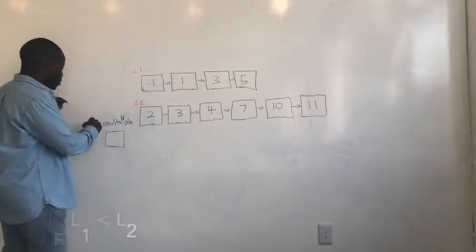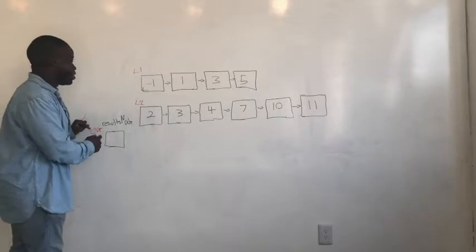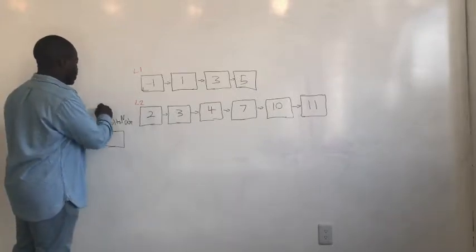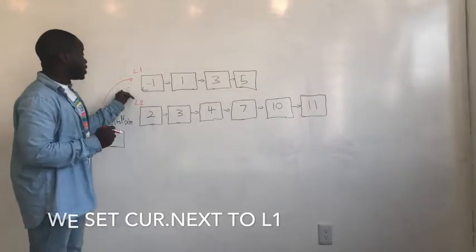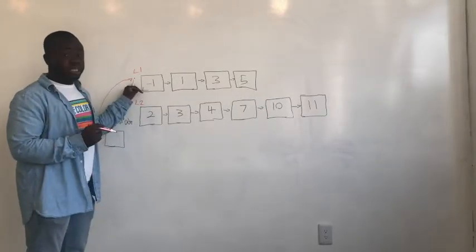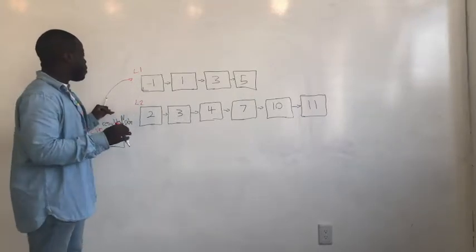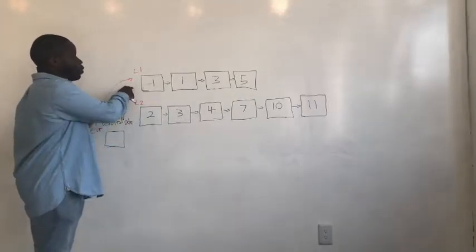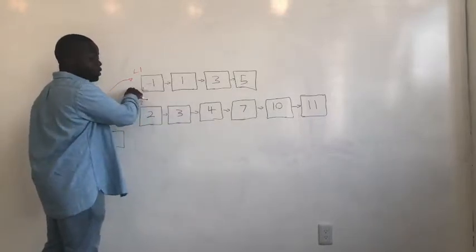So we want to take our current node, or cur as we're calling it here, and point it to L1. So cur.next now is pointing to L1, not L2, L1, because that's the lesser node. And now we want to move L1 forward because we've already pointed to it.